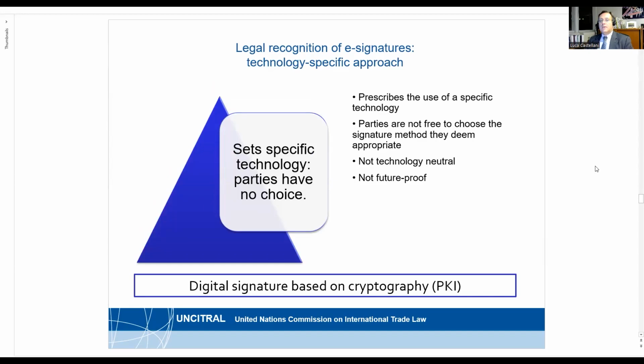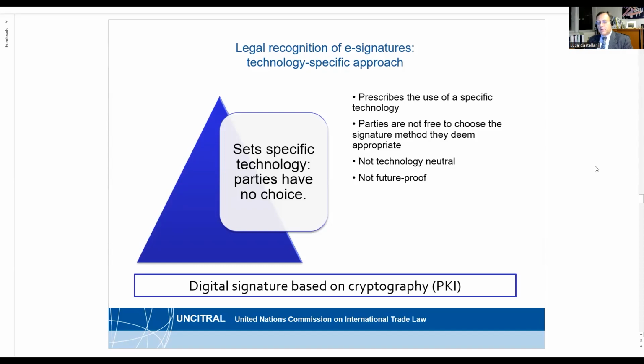The opposite of that is the technology-specific approach. And here, the law mandates the use of a certain technology. We have seen examples of that with respect to these digital signatures that are based on PKI cryptography. So that means that only that specific type of signature will be recognized, and all the other signatures, regardless of how often they're actually used, will not have legal recognition and legal status.